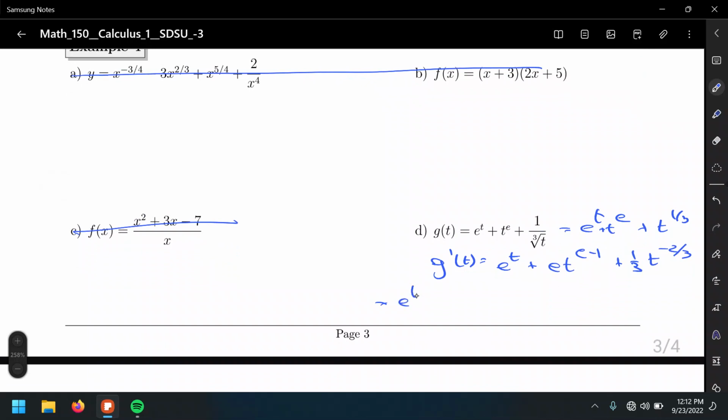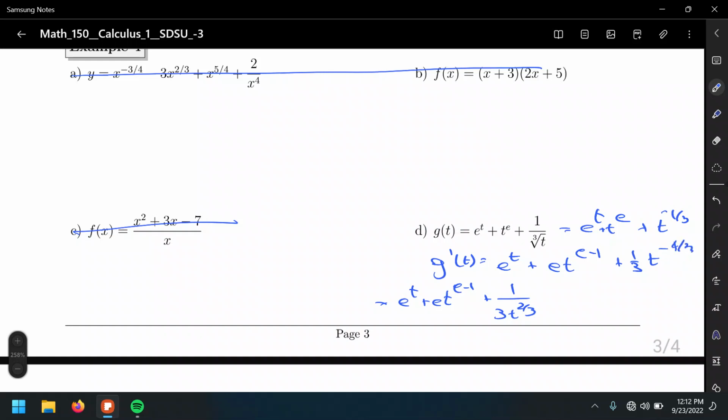Let's write this in a nicer form. That's e to the t plus e t to the e minus 1, plus 1 over 3 t to the 2/3. And furthermore, is it t to the negative 1/3? Yes, negative 1/3, my bad, thank you. So negative 1/3 minus 1, isn't that going to be negative 4/3?